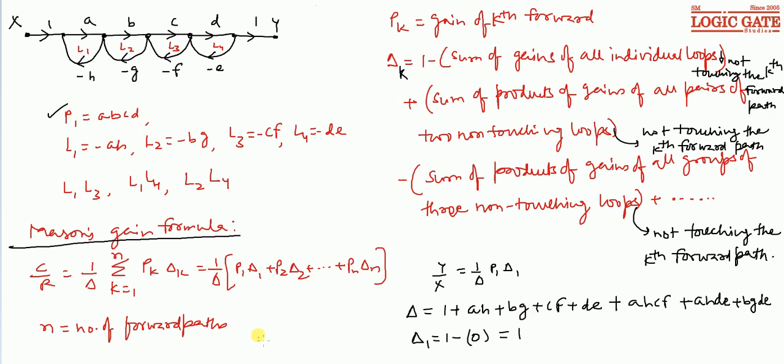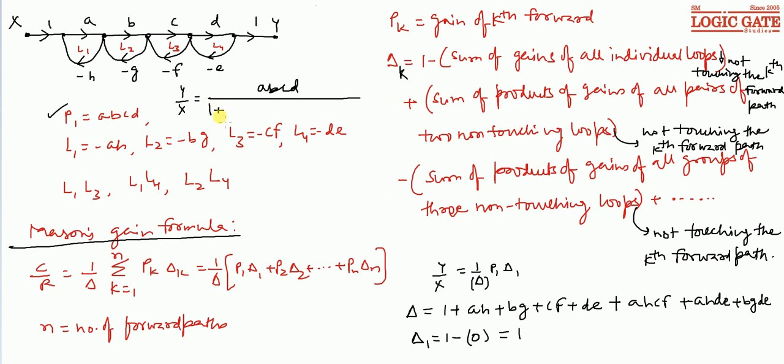So we can write, I'm writing here, y by x closed loop transfer function for this signal flow graph as P1 into del 1 is 1. So in numerator we will have A, B, C, D and divided by del. So this is the del. We'll simply replace this del here.